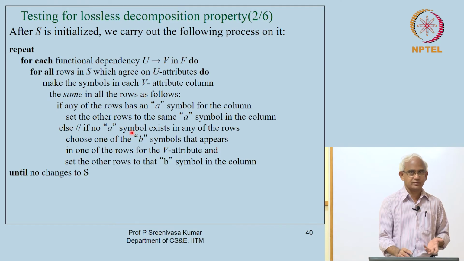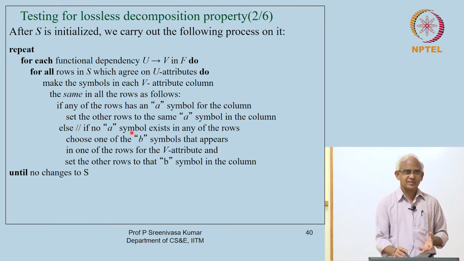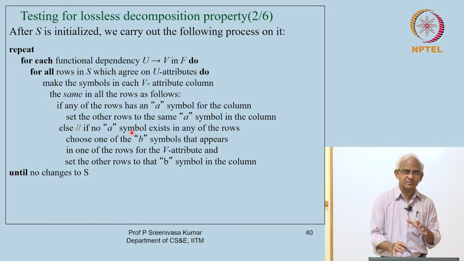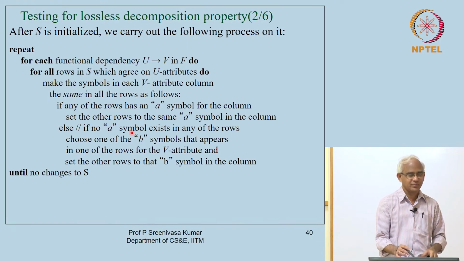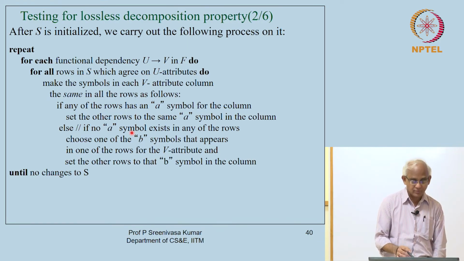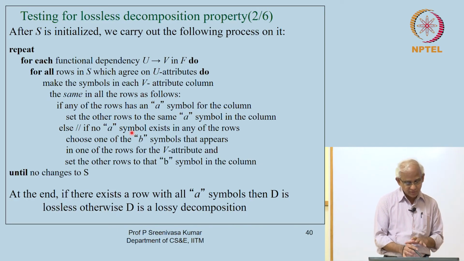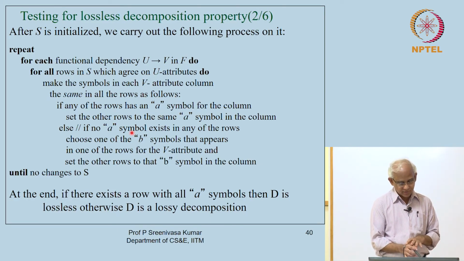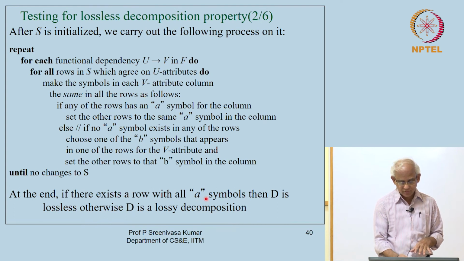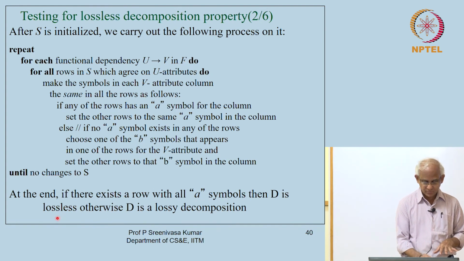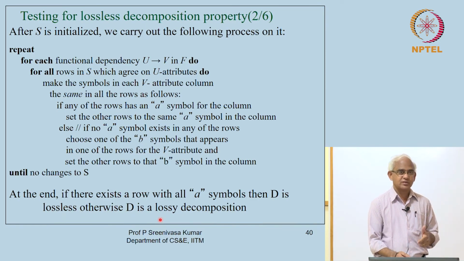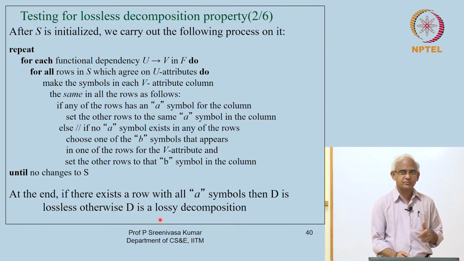So this is the algorithm. It almost looks like some kind of magic. At the end, if there exists a row with all A symbols, then the decomposition is lossless, otherwise the decomposition is lossy.